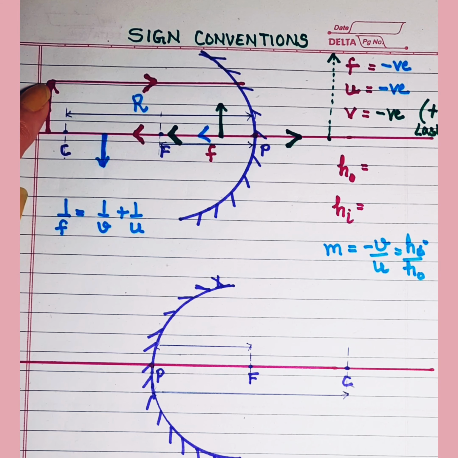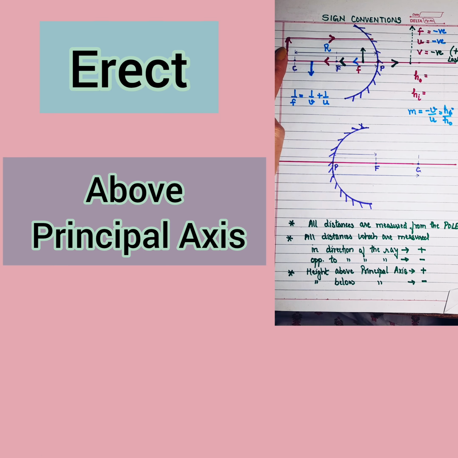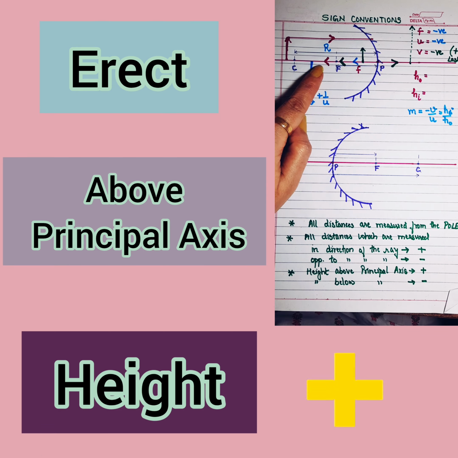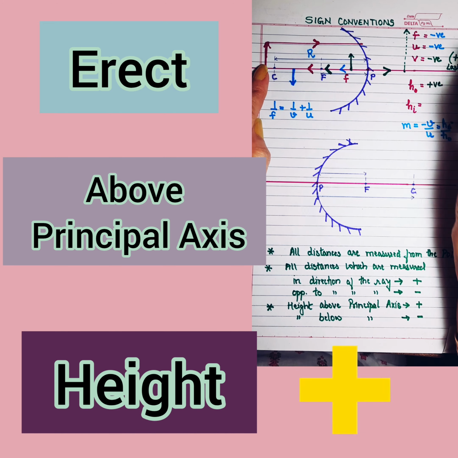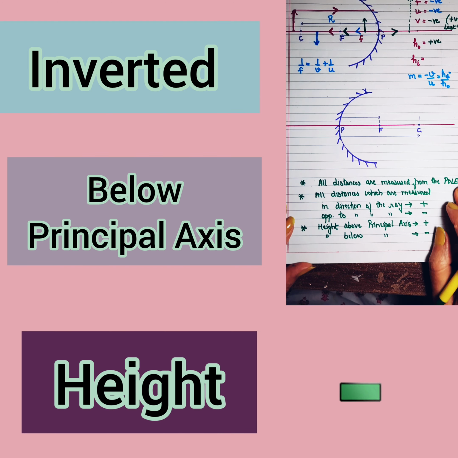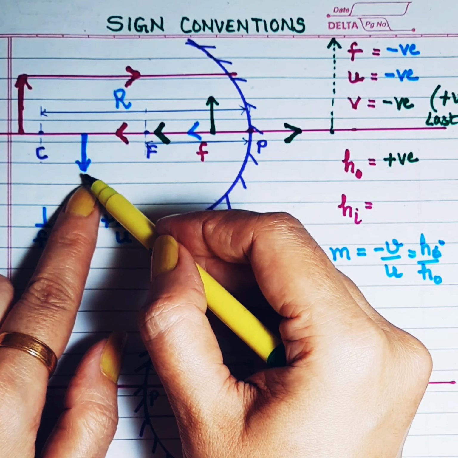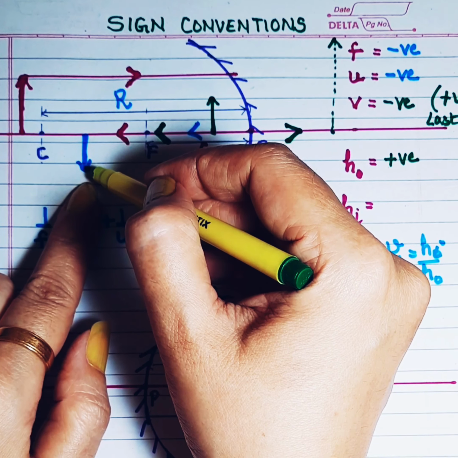As you can see, we always place the object upright. So whenever the object is erect, it is placed above the principal axis, positive, and height below the principal axis is negative. So here if I look at this image, we can see it is inverted and it is below the principal axis.